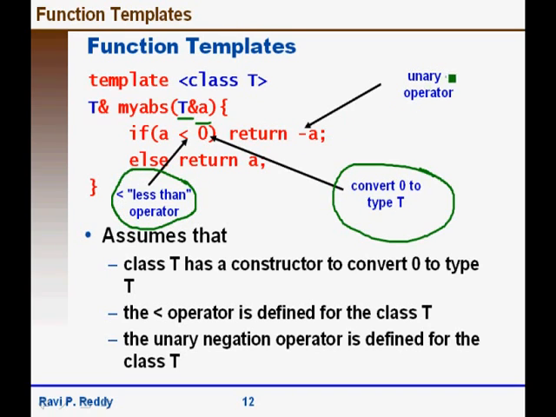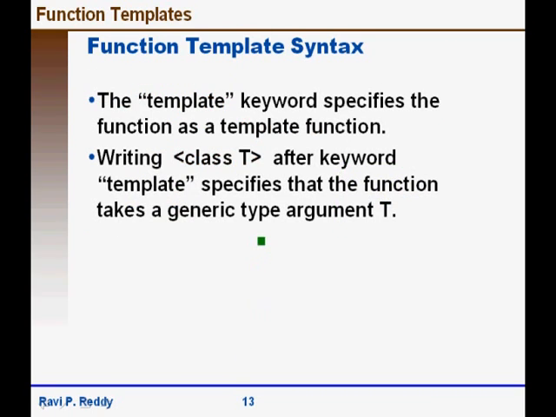It also needs to have the overloaded unary minus operator, because here we write minus a. So what do we assume here? That class T has a constructor to convert 0 to type T, or it has a function which can compare against integers. The less than operator is defined for the class T. The unary negation is defined for the class T.